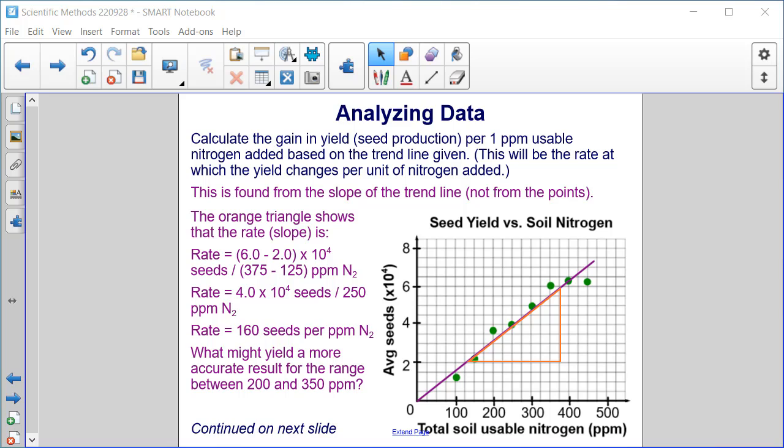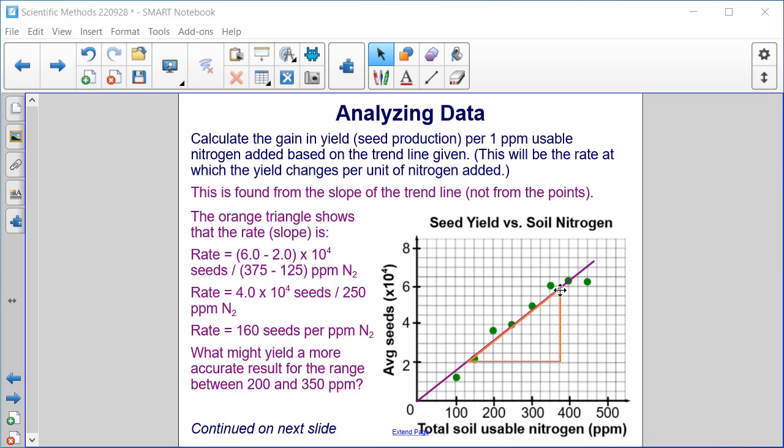This is found from the slope of the trend line, not from the points. The orange triangle shows that the rate, or the slope, is equal to the change in y over the change in x. So I have a point up here at 6.0 times 10 to the minus fourth minus 2.0 times 10 to the minus fourth number of seeds, divided by what is x here.